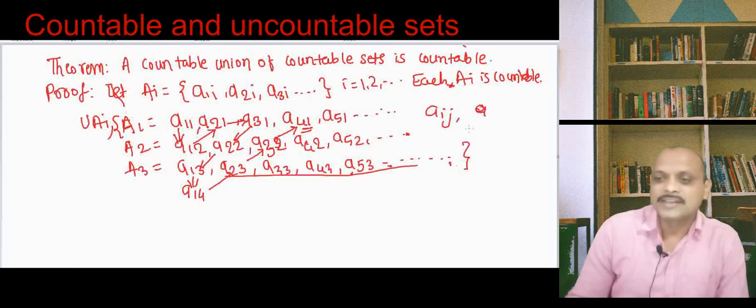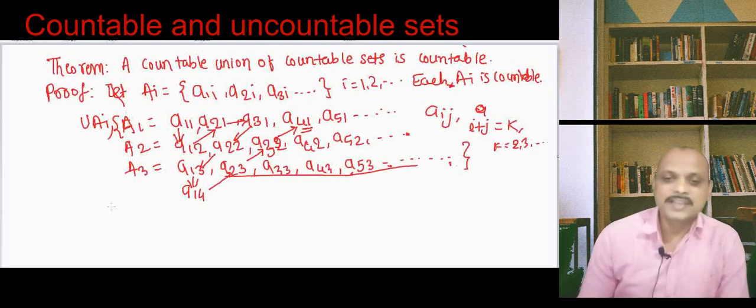Then we add i and j: i plus j is equal to k. Here k is 2, 3, and so on, where i and j are the suffixes of the elements.